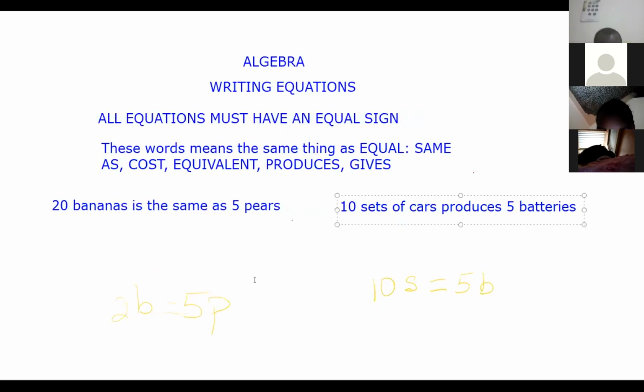All right, so we have 2B's equals 5. Is it 2B's or 20?